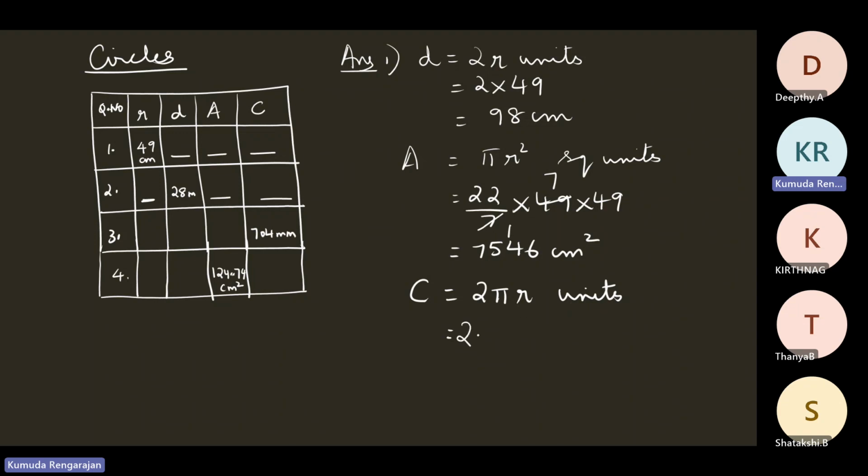So 2 into pi, which is 22 by 7, into what is the value of r given, children? 49, ma'am. Now how do we simplify? Take 7 from the denominator, 49 from the numerator and cancel. 7 ones are 7, 7 sevens are 49. Now we need to multiply 2 into 22 into 7, which is 308.